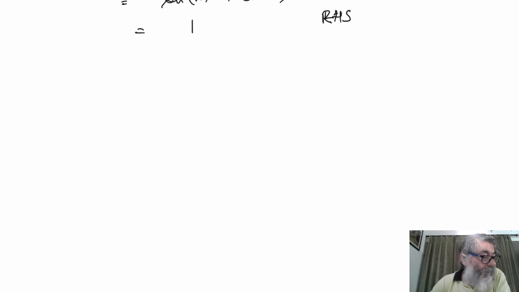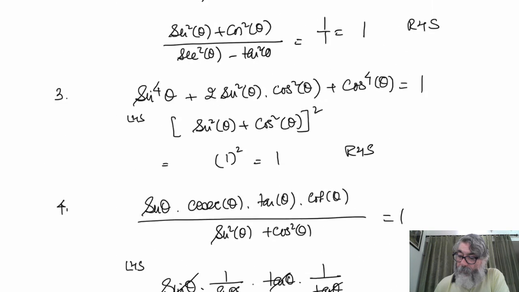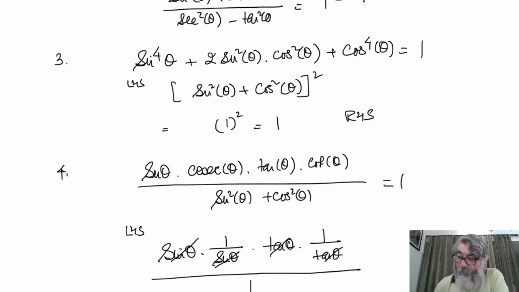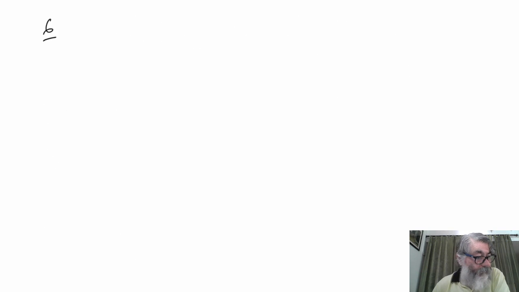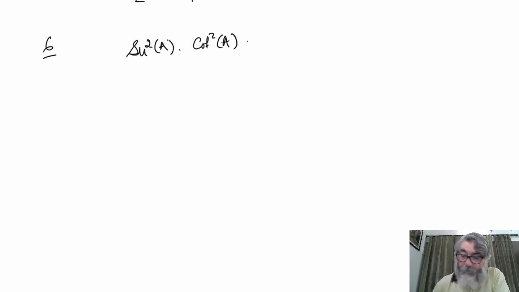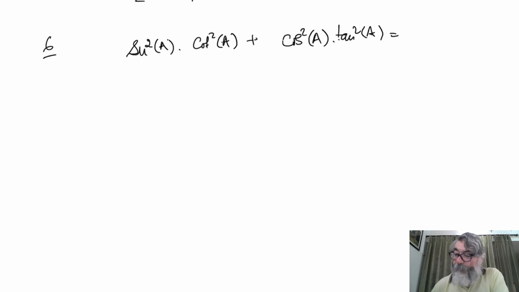Now, today's last sum for you is sin square a into cot square a plus cos square a into tan square a is equal to 1.